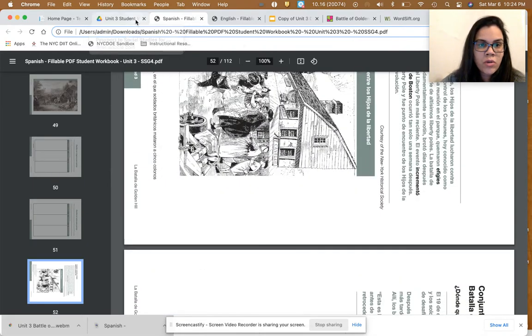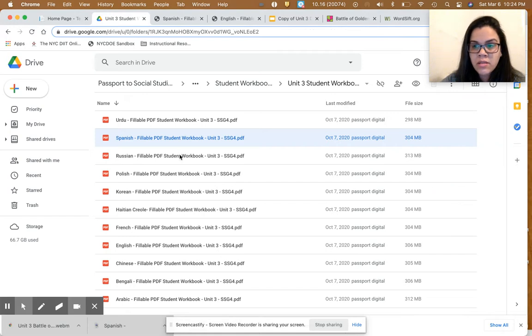Using the workbook, or giving students access to the workbook in their native language, will be very beneficial in this lesson.